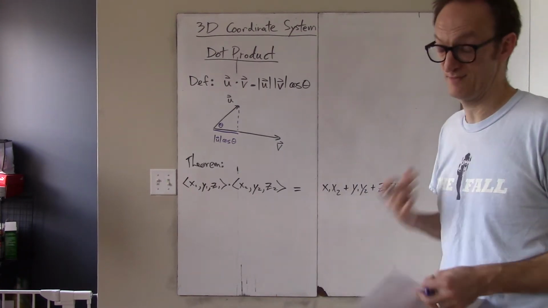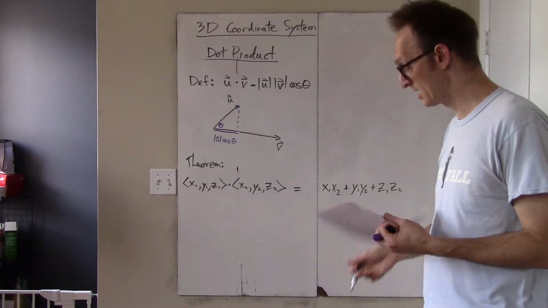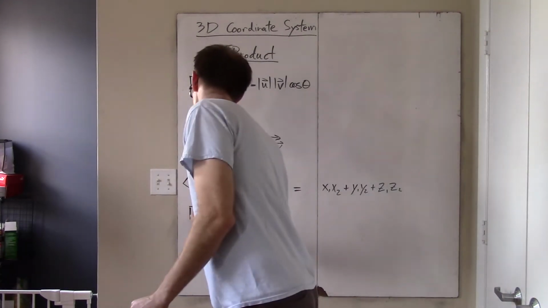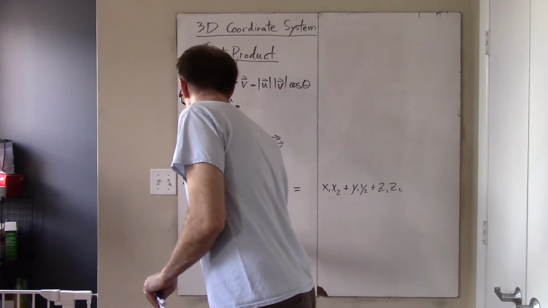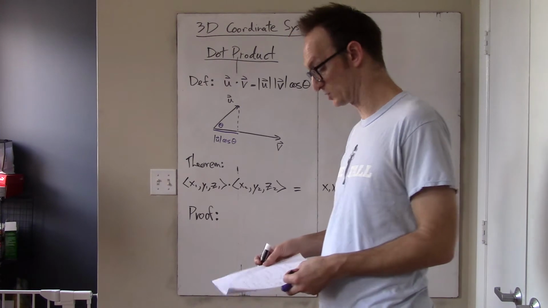And in my opinion, it's totally not obvious why this formula is correct. So there is a proof of this. The proof maybe takes only 5 or 10 minutes, but I'm not going to do it right now.